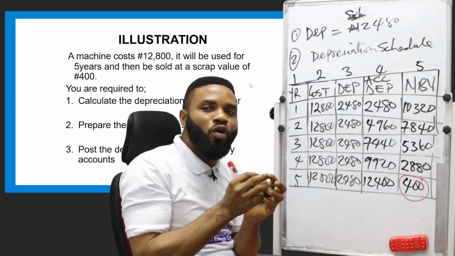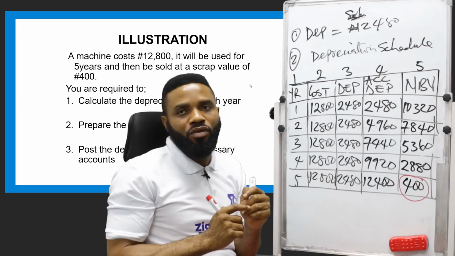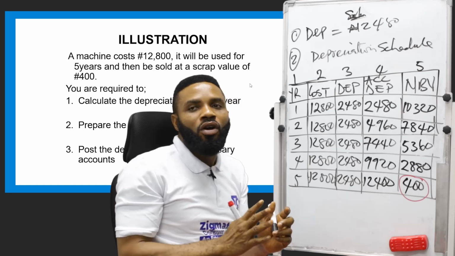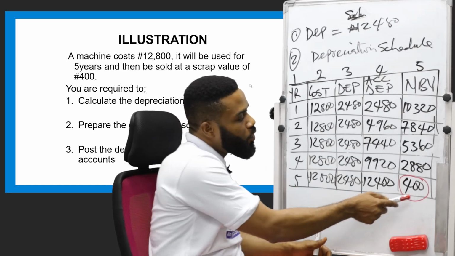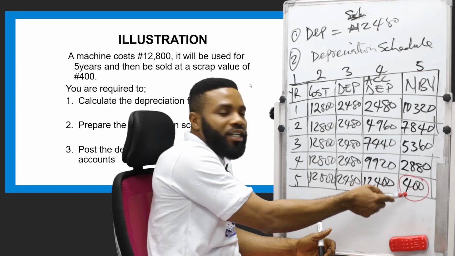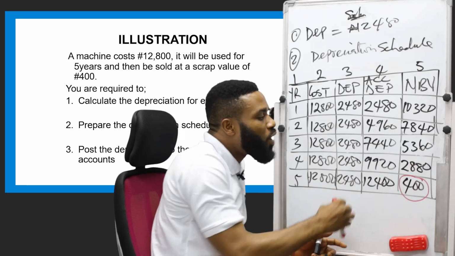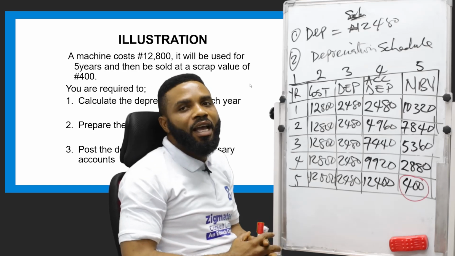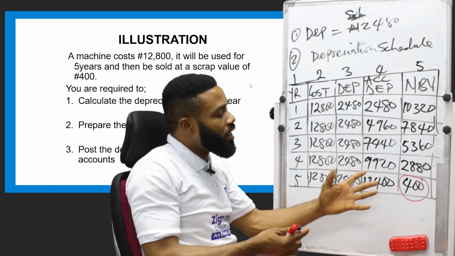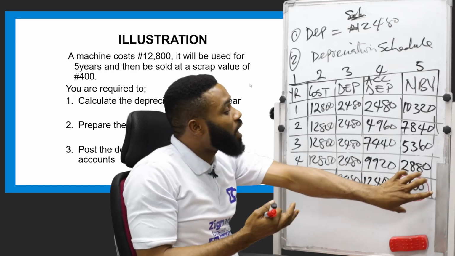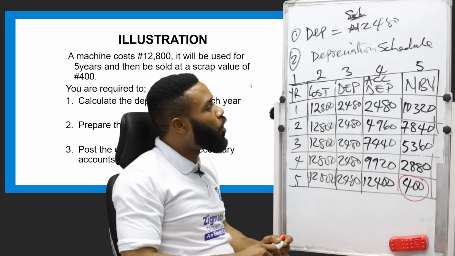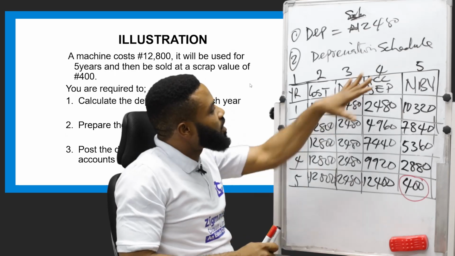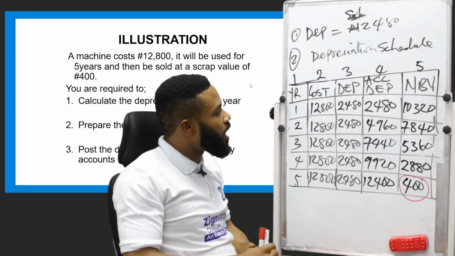That scrap value is what we call the disposable value, the estimated value or the residual value, at 400. So you can see now we have arrived at the 400. This 400 is the residual value of the asset. So, students, once you arrive at 400 here, you can be very sure that you have done the right thing.